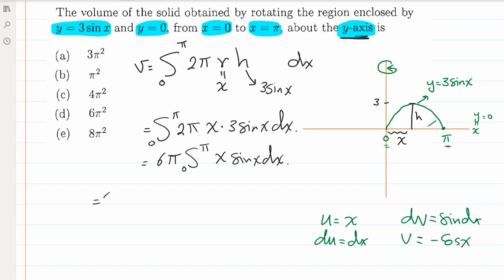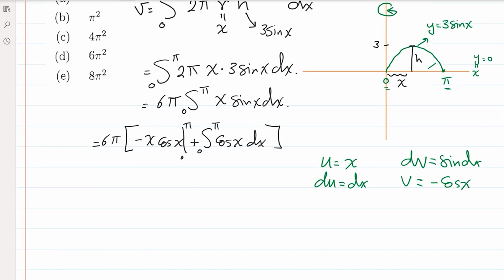It will be 6 pi, now u times v, which is minus x cosine x, minus the integral of v du, so minus minus will be plus the integral from 0 to pi of cosine x dx. And this is from 0 to pi. If you simplify it more, it will be 6 pi of minus x cosine x, and again the integral of cosine will be sine.